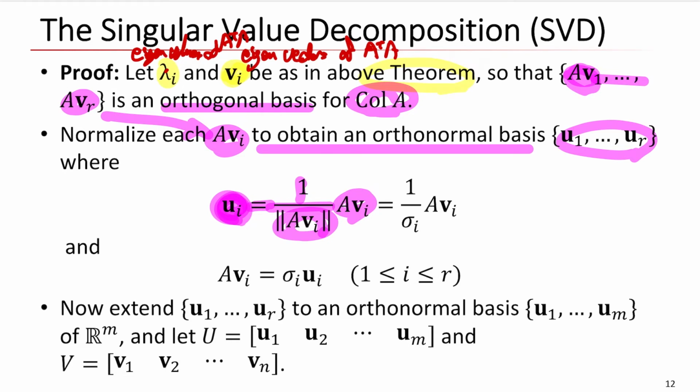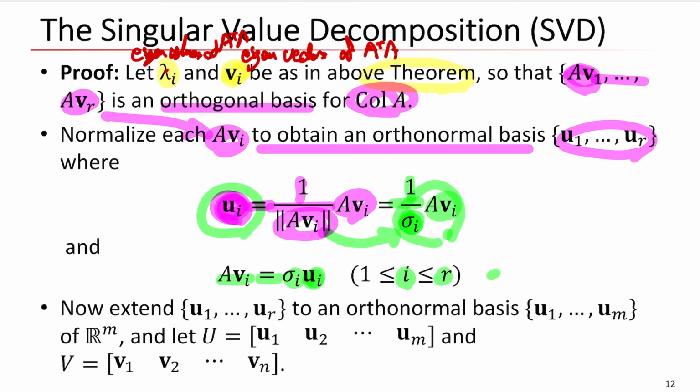And we already know sigma i is the length of Avi, right? So in other words, ui is equal to 1 over sigma i times A times vi, right? And then from this term and this term, Avi is equal to sigma i ui.